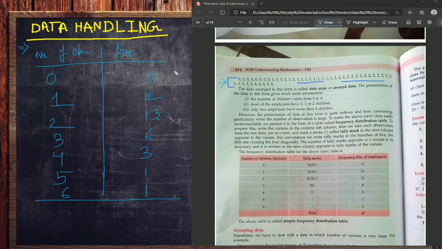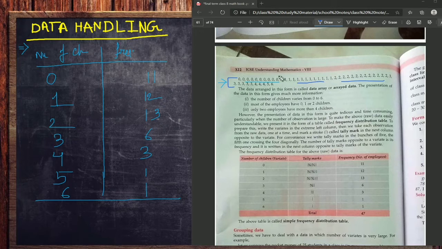In other words, that is how many times the number is present. So the number of times a number is present over there is called frequency. As you can see, 11 zeros are there. So the frequency for 0 will be 11.